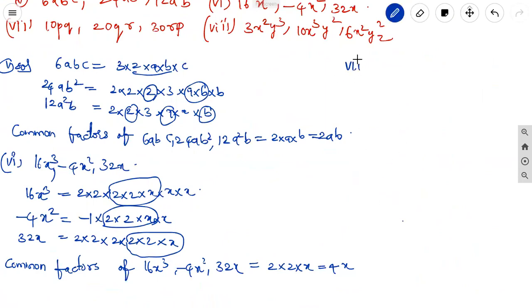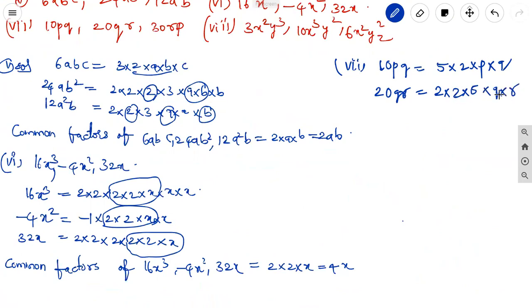Seventh one. 10pq can be written as 5 2s are 10, into p into q. 20qr can be written as 2 into 5, 2 2s are 4, 4 5s are 20, into q into r. 30rp: 2 5s are 10, 3 10s are 30, into r into p.